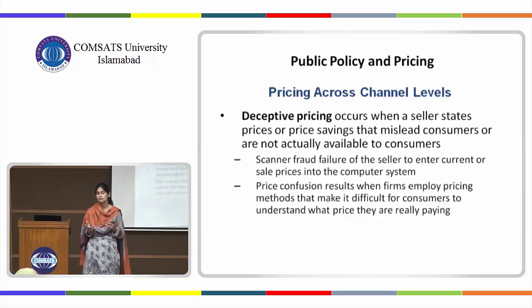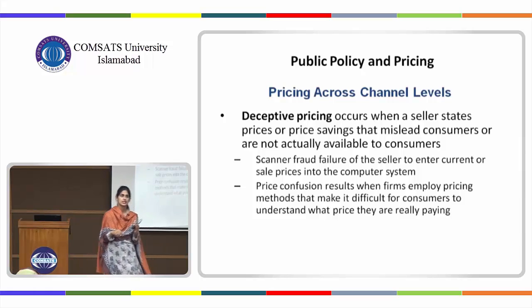Another deceptive pricing way could be that you increase the product's price and then lower the price. So let's say if a pair of shoes was rupees 2,000, and you increase its price to rupees 3,000 and then put a sale on it for 33%, it would again come down to rupees 2,000, which was the actual price of the product. So this is again deceptive pricing.